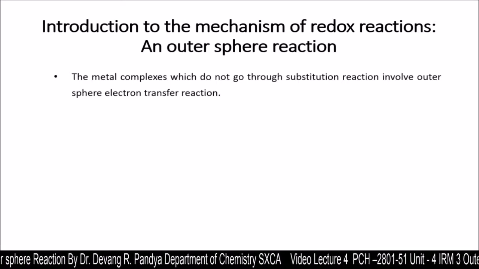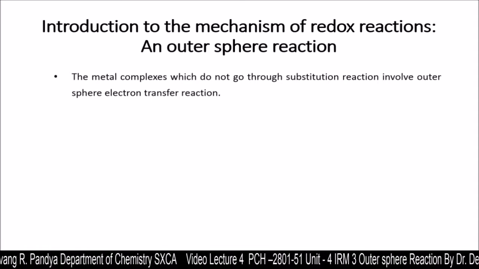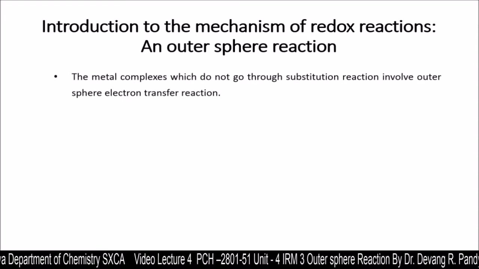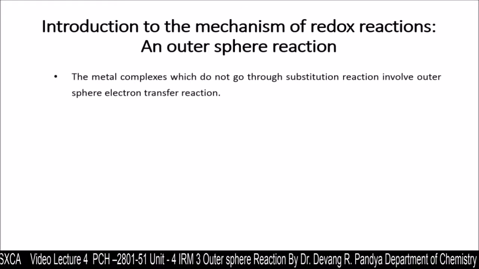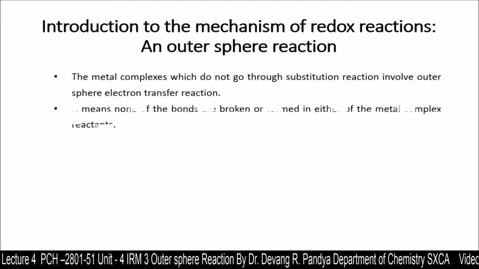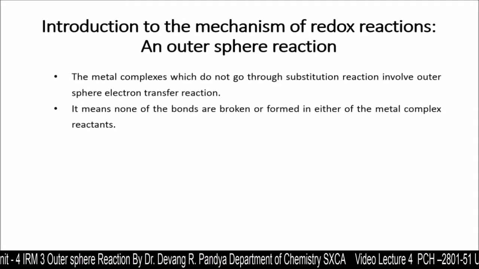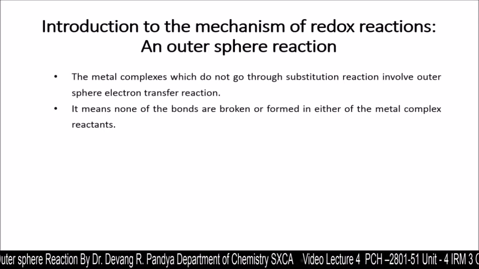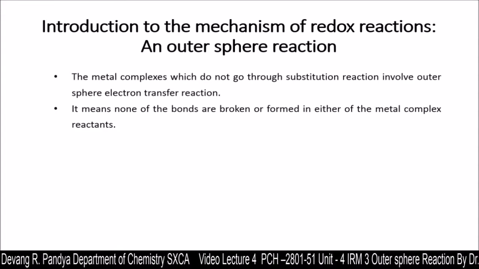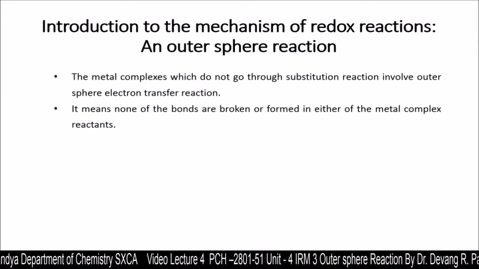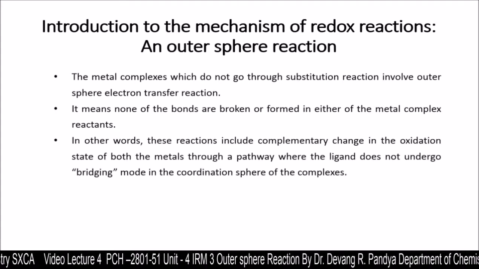The spectator ligand should remain inert, or the outer sphere of the complex, both the reactive complex or redox couple, should remain inert in this reaction. Only the electron will transfer. It means none of the bonds are broken or formed in either of the metal complexes, or metal reactants, or redox couple, whatever word you may use.